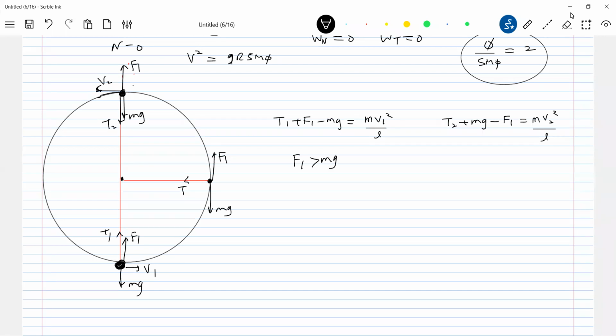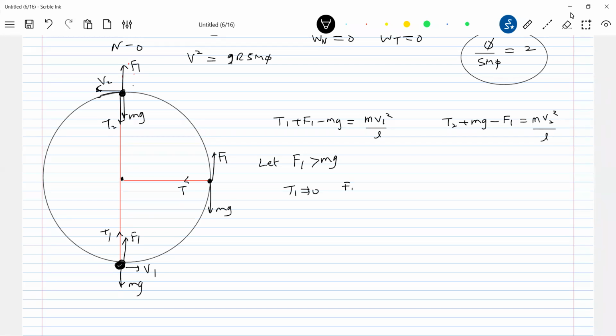It all depends on that situation. First case, let F1 be greater than mg. Where will the critical point be? Where tension can be minimum, T1 can tend to 0.